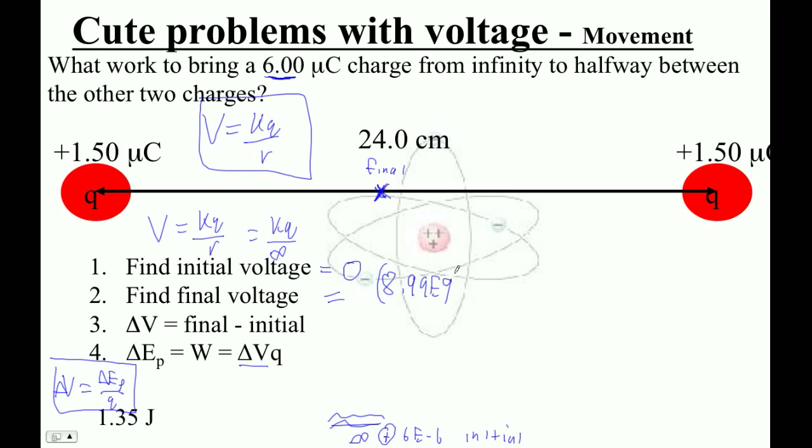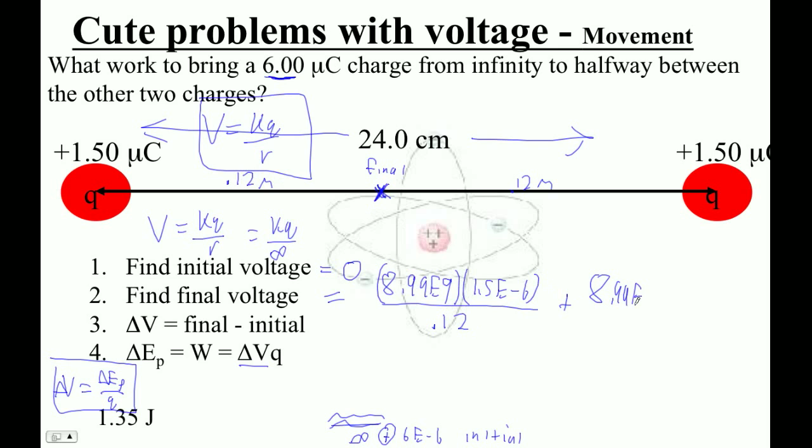Okay, times 1.5 E minus 6, and then if it's 24 centimeters from side to side, then this must be 0.12 meters, and this must be 0.12 meters. All right, so divided by 0.12, and then of course we add the same thing, right? 8.99 E9 times 0.5 E minus 6 divided by 0.12.